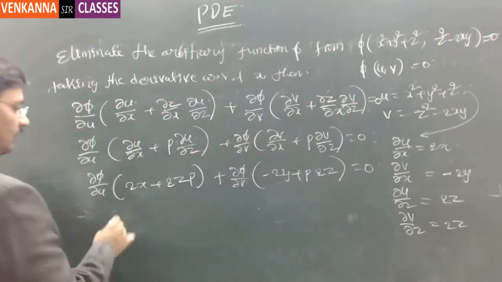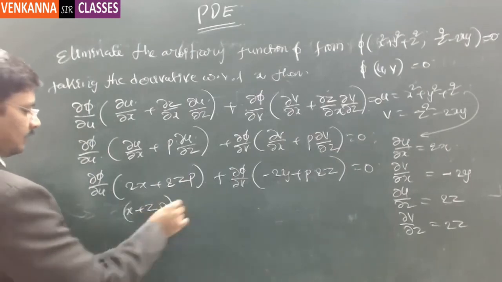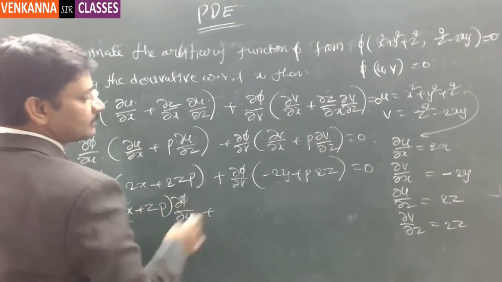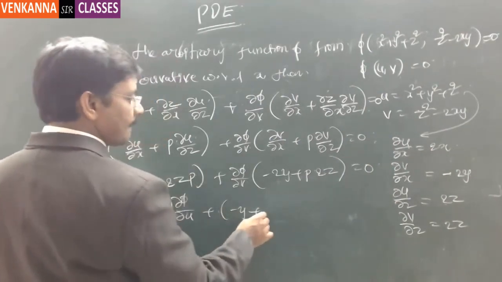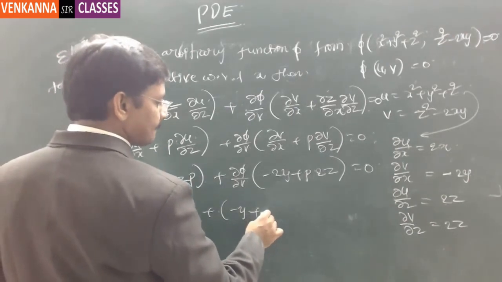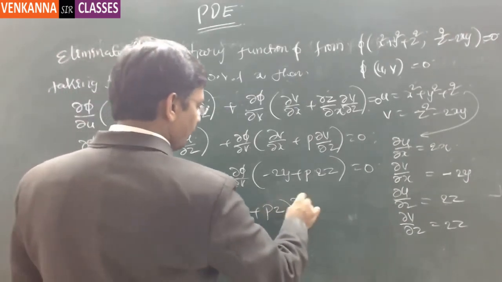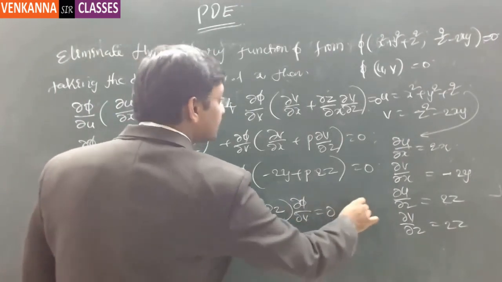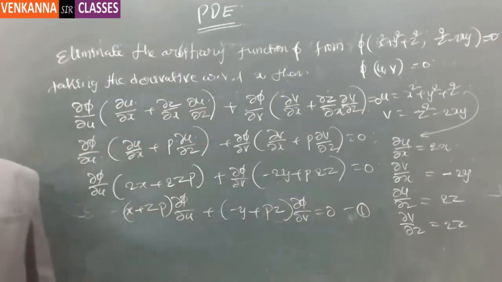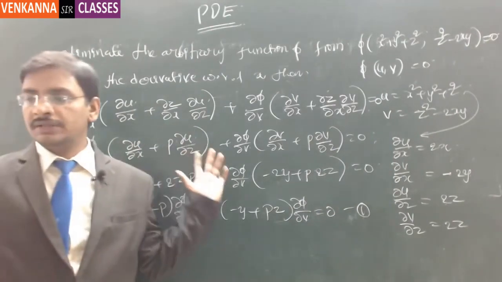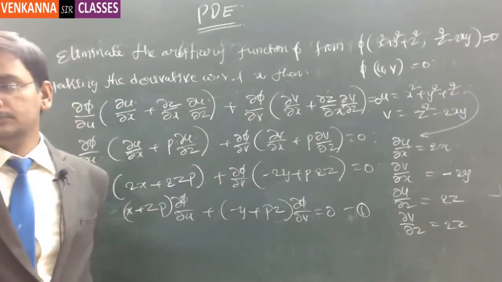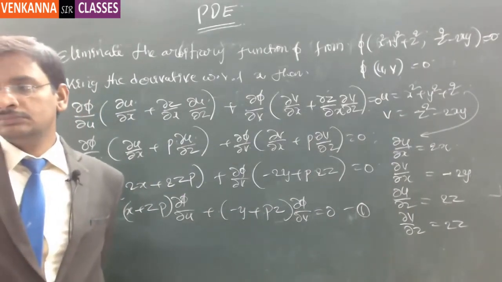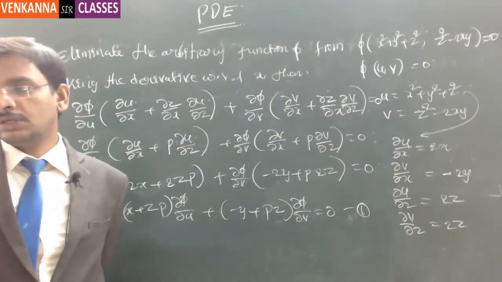If you cancel 2 on all, then x plus zp times dou phi by dou u plus minus y plus pz into dou phi by dou v equal to 0. This is equation number 1. Got it? I hope you understood how I have done the derivative. Understood?